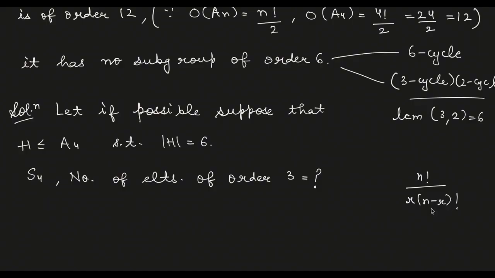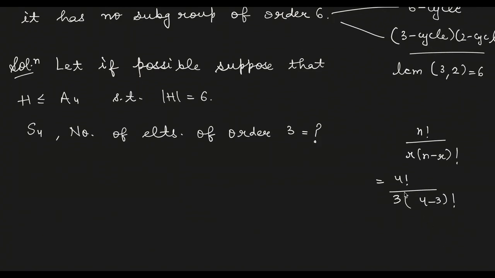This was the formula, right? To find the number of elements of order 3 simply means the number of cycles of length 3. So this will be 4 factorial upon 3 times (4 minus 3) factorial, so 24 by 3, which is 8.